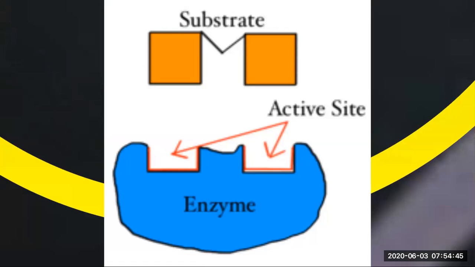This is the region which is going to perform catalytic activity, changing the structure of the substrate or speeding up the reaction by converting the substrates into product. So you must remember that the active site is involved in catalytic activity, and we will discuss later how the active site works.